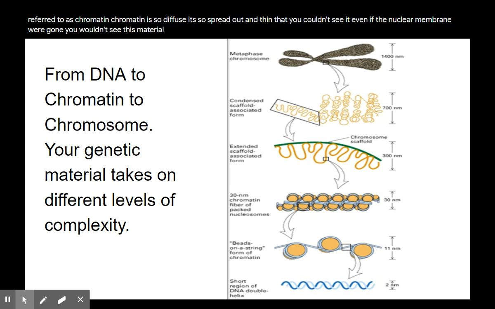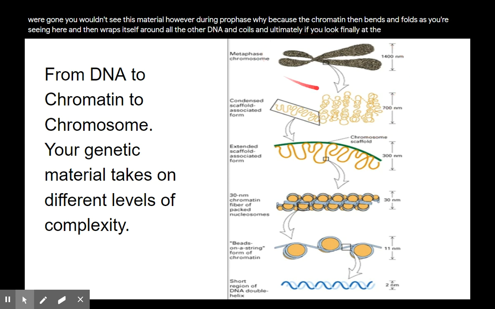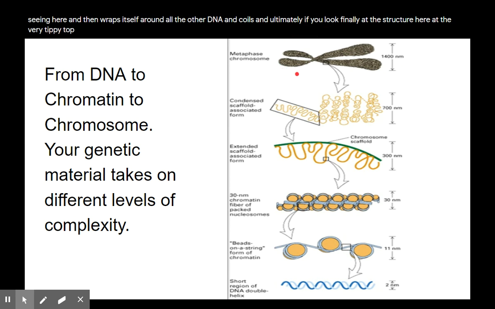You can see this material, however, during prophase. Why? Because the chromatin then bends and folds, as you're seeing here, and then wraps itself around all the other DNA and coils. And ultimately, if you look finally at the structure here at the very tippy top, there is so much DNA wrapped and coiled and surrounding itself that you get lots of it in the same space.